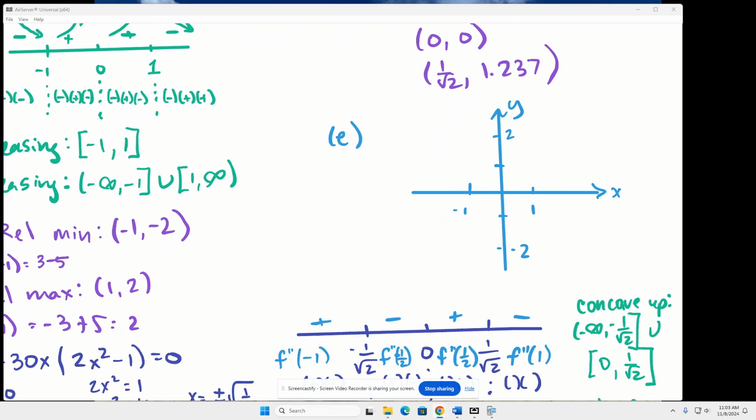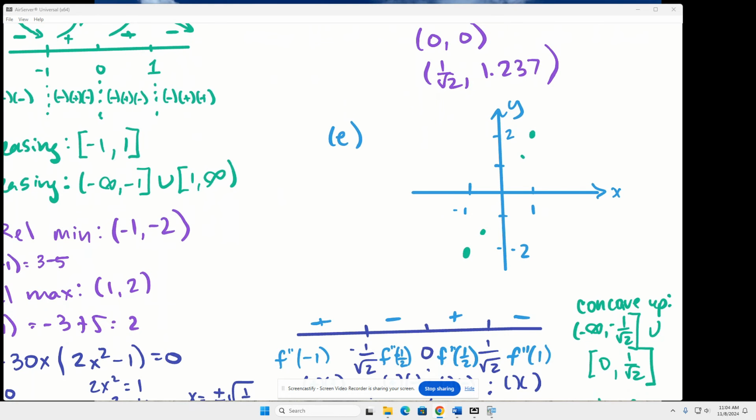So I'm going to go ahead and graph my relative maximum, my relative minimum, my points of inflection, and then I can just look at increasing, decreasing, concave up, concave down to get all my things.